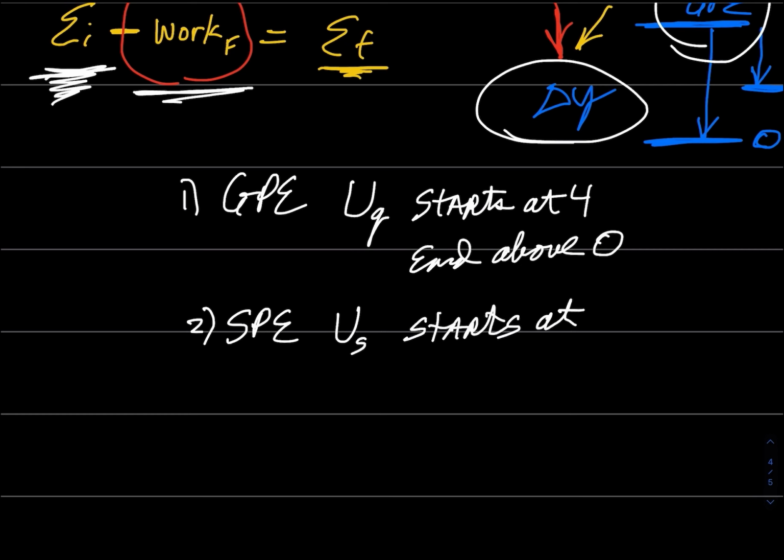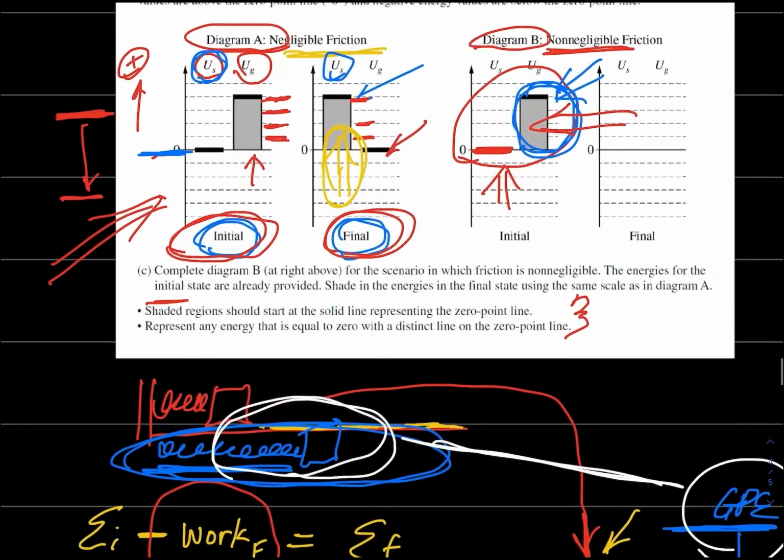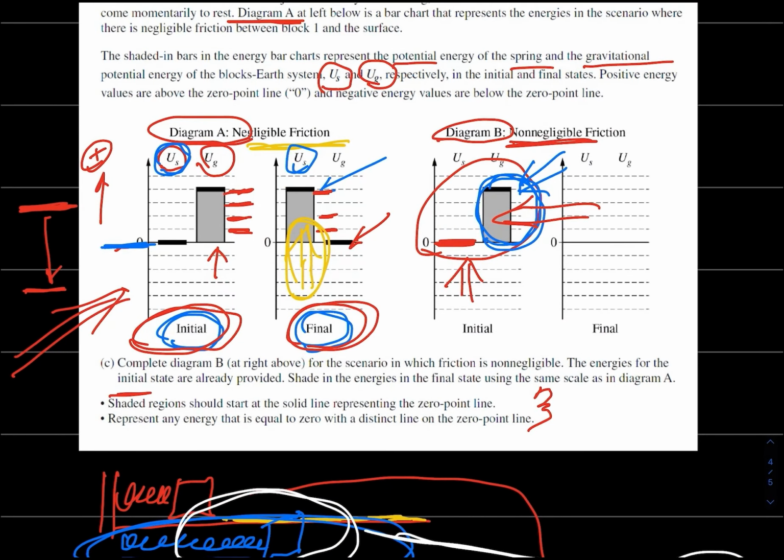They already drew that for us, but it's going to end below 4 because some energy got lost to friction. And we have that the total of the gravitational potential energy and the spring potential energy when the mass stops has to be less than 4 because we gave some up to friction. So all we have to do is figure out a way to write it, and I'll show you one way.